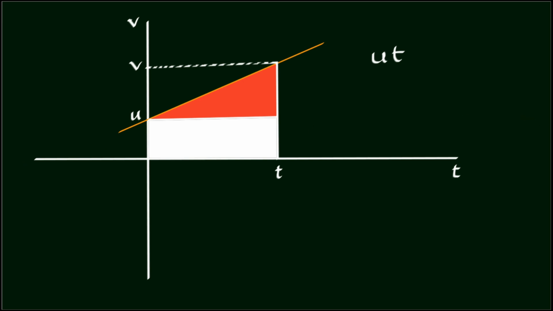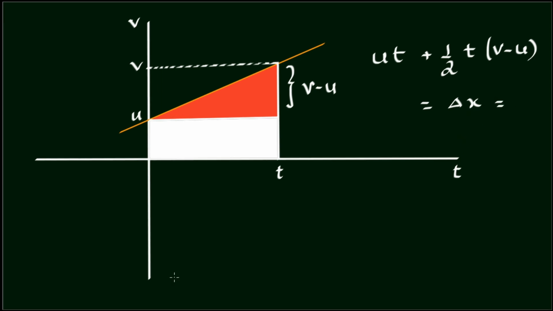So the area of the triangle is going to be half, base is the time interval t, times the height. The height is v minus u. That is the total displacement delta x, for which usually we use the letter s.